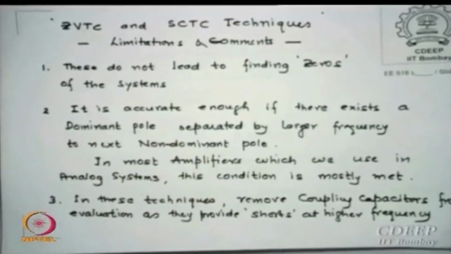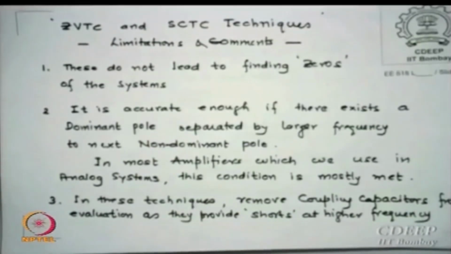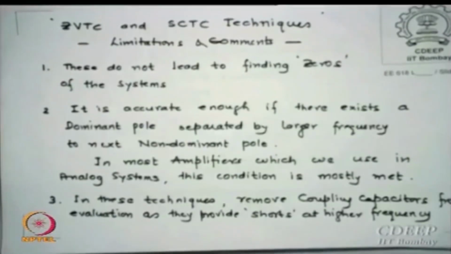These techniques are good enough if there exists a dominant pole separated by a larger frequency difference from the non-dominant pole. As long as this is far, the technique is valid. In most amplifiers, luckily for us, in most analog systems, this condition is normally met. But in the exam I can deliberately do the opposite.